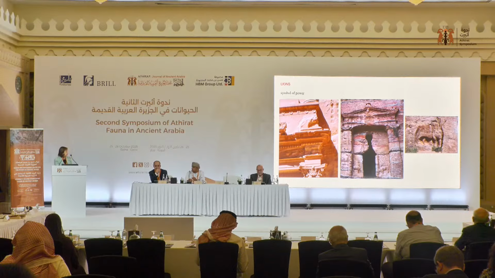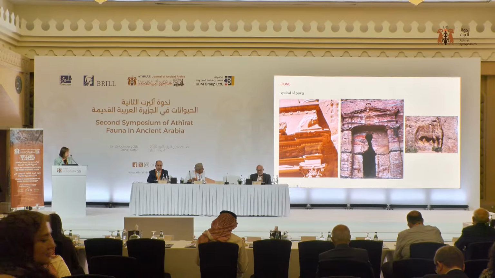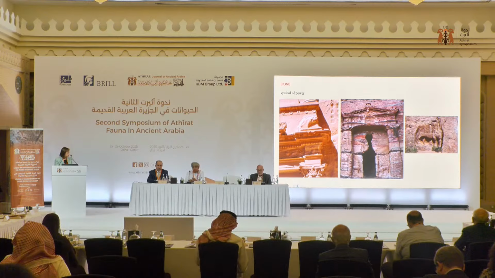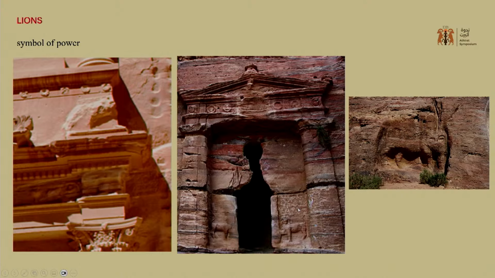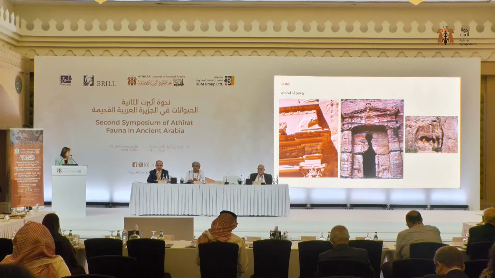On top of the first stage of al-Khazneh, the Treasury, we see lions on the top here, and we see also one of the facades of the triclinium in Petra, called the Lion Triclinium. We see here two lions at the bottom of this facade. We see also in Wadi Farasa in Petra a lion that served as a water fountain there.